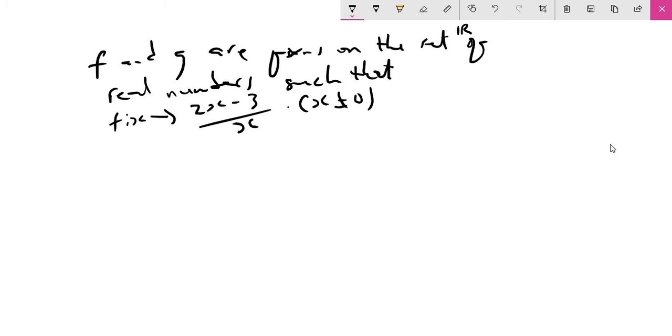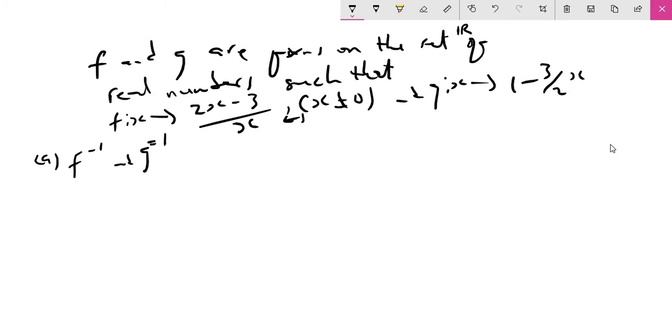You can see the same thing I said last time. And g of x maps to 1 minus 3 over 2x. So we have to find f inverse and g inverse.